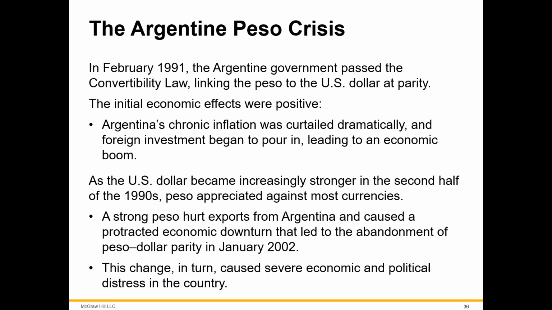This was in the Web 1.0 era, and American exceptionalism looked to be very real, and so the dollar had a lot of value, and so that hurt Argentine exports. So you have basically a protracted recession in Argentina because all the export-based businesses were struggling to compete on the global stage, and that led to political distress.